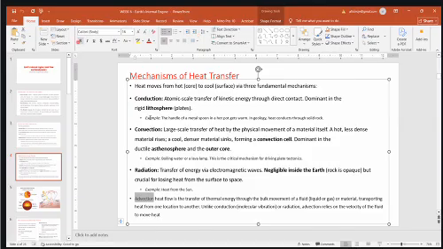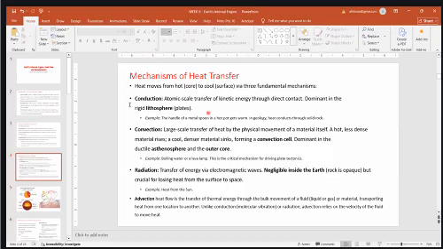Heat moves from the hot core to the cooler surface via conduction, through kinetic energy of particles contacting each other, which is dominant in the lithosphere. This is from the core to the top of the asthenosphere.